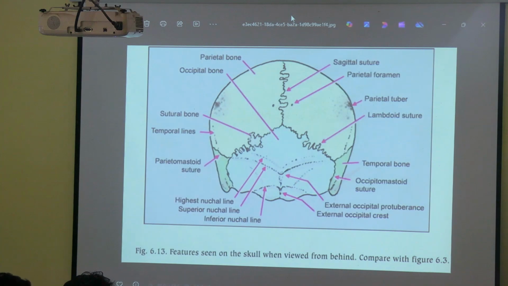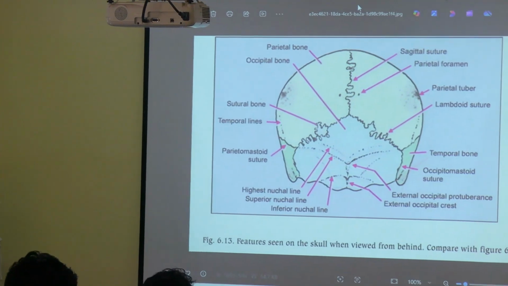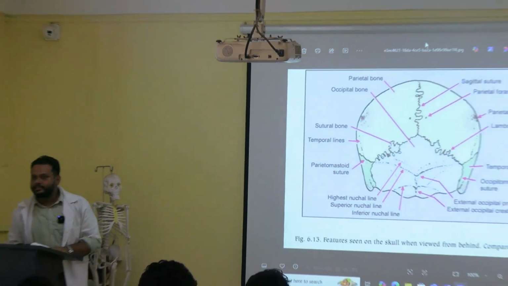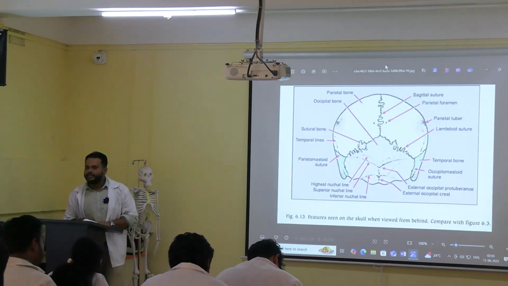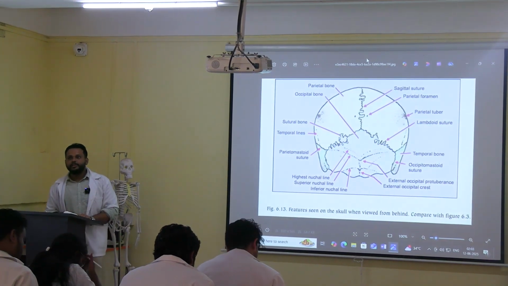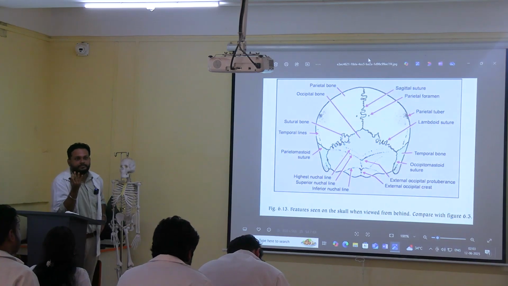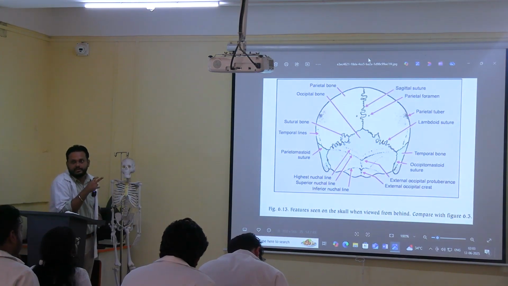Laterally, outwards, that is known as superior nuchal line. And from the external occipital crest, again laterally there is some ridge like thing, that is known as inferior nuchal line. If anyone has an original skull bone, then you will be able to find all these things.